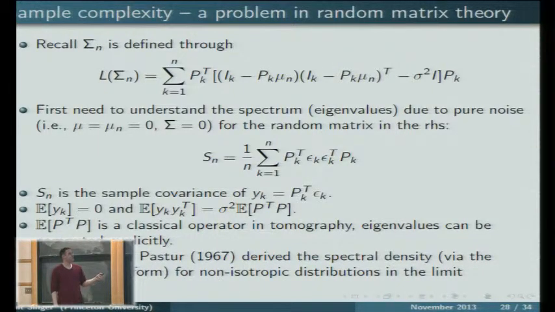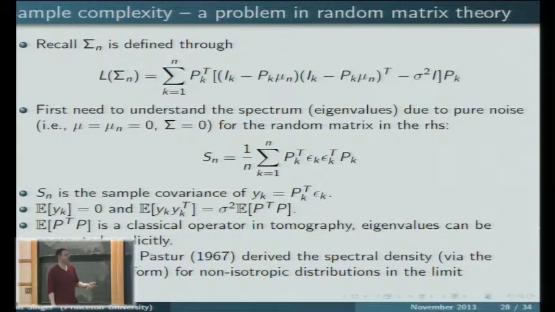So we want to understand first what is here on the right-hand side. So this means that you have only noise, epsilon k's, that you project and back project. So the epsilon k's are noise in the images, and then we lift them up to the size of volumes. And you want to understand properties of this random matrix that naturally appears in this problem whenever you have to deal with projection of data and not just data directly.